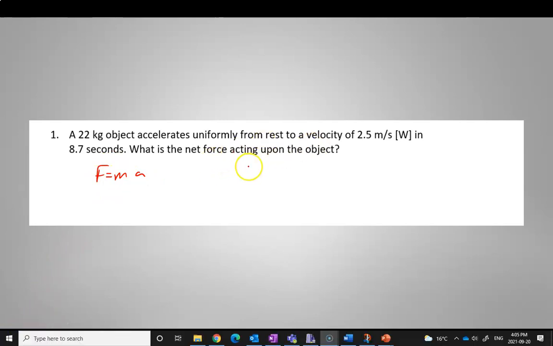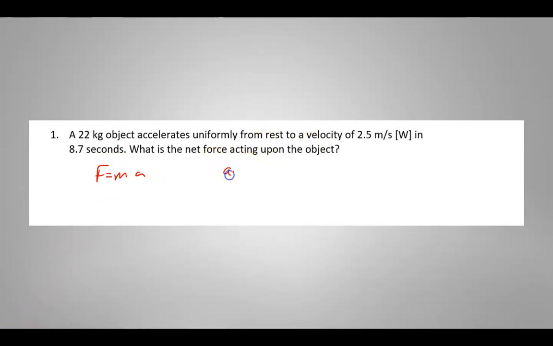So in order to find that acceleration, we know that a is equal to delta v over t. That change in velocity is 2.5 meters per second over a time of 8.7 seconds. And so we find that acceleration to be 0.287 meters per second squared.